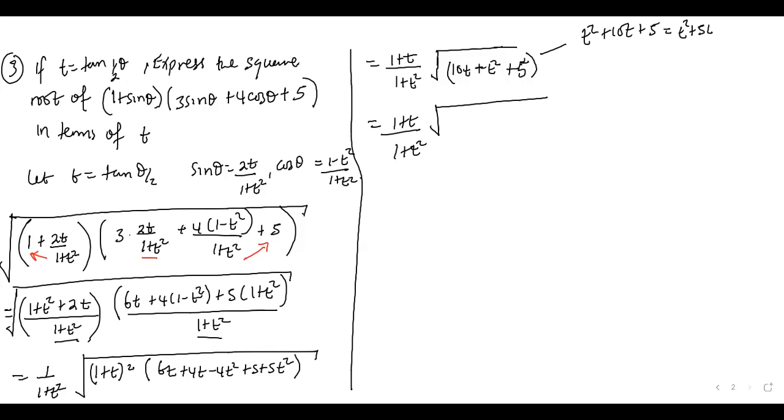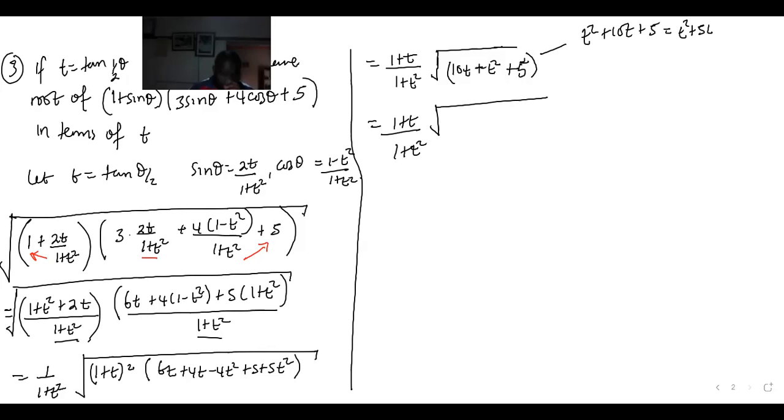When you solve that with a calculator, what do you get? Negative 0.528. Then if they are decimals, leave them.